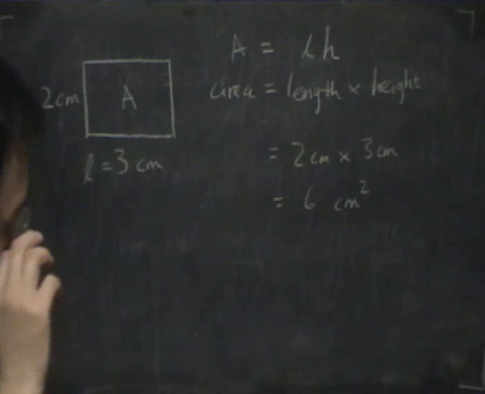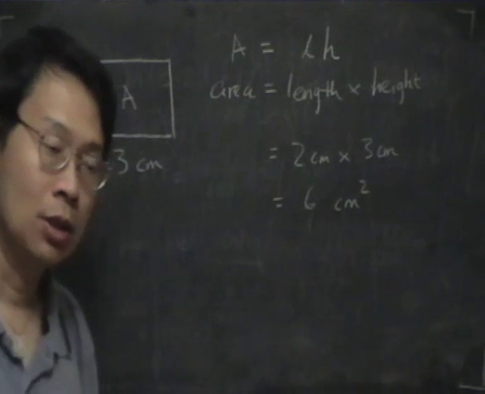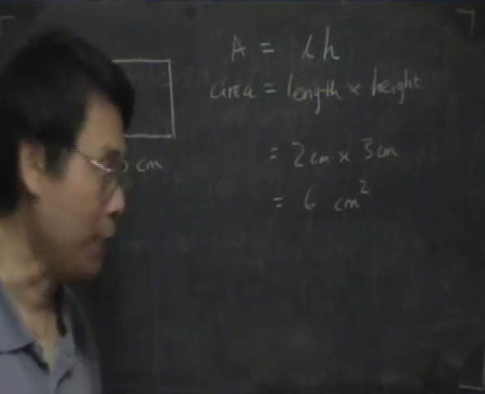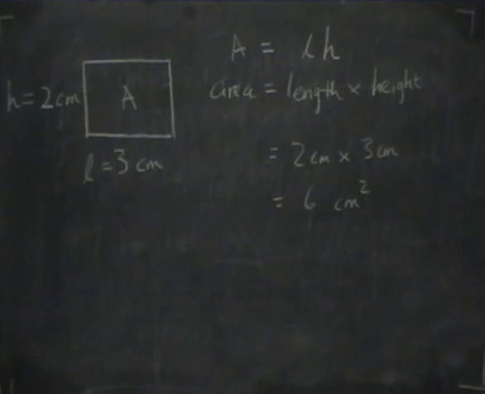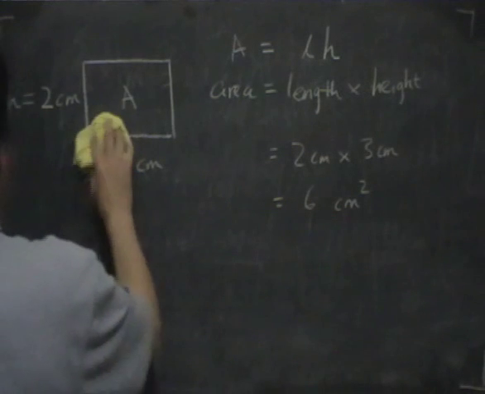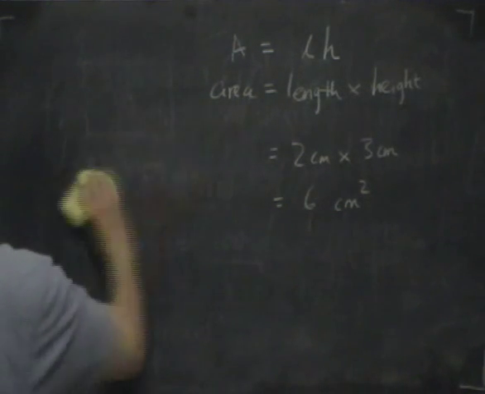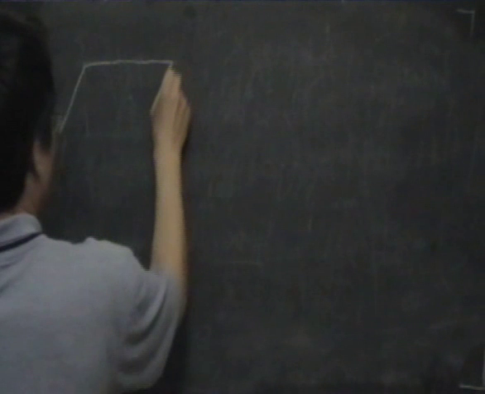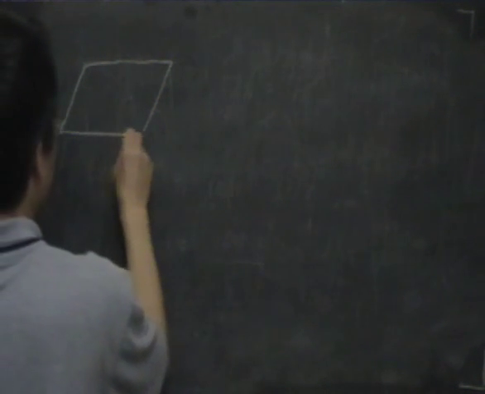Now we need to learn the formula for finding the area of a few different shapes. So let's move on to the next one. Now the next simple shape looks like this.